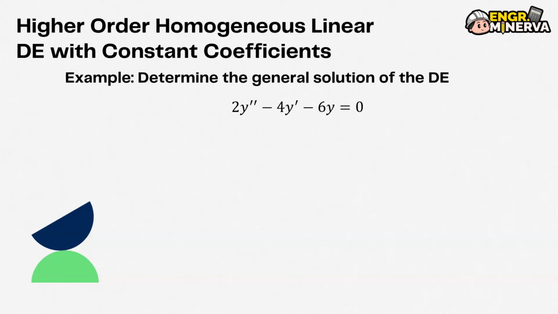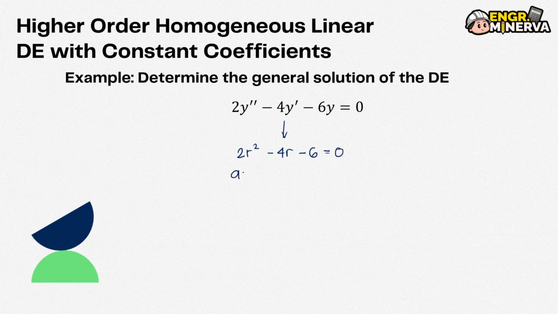Our next example, we have 2y double prime minus 4y prime minus 6y equals 0. We convert this into our characteristic equation. This would be 2r squared minus 4r minus 6 equals 0.